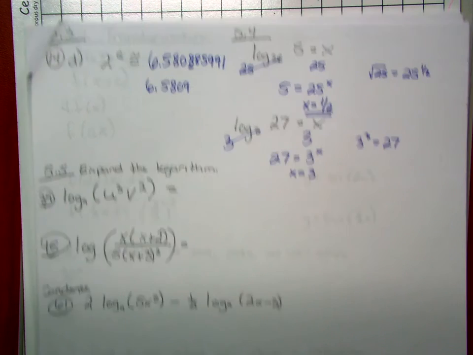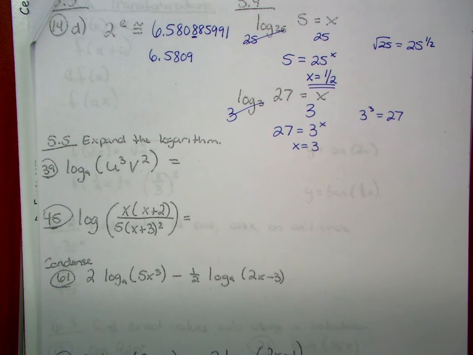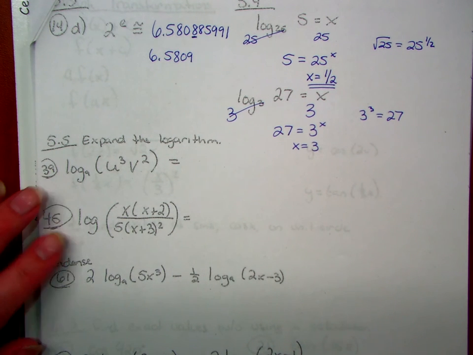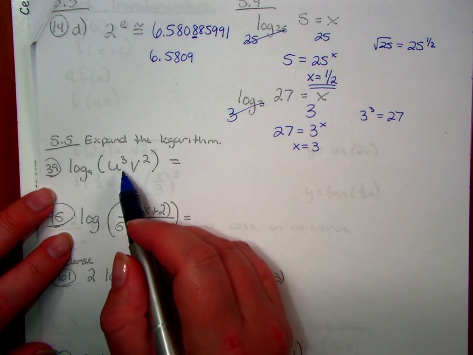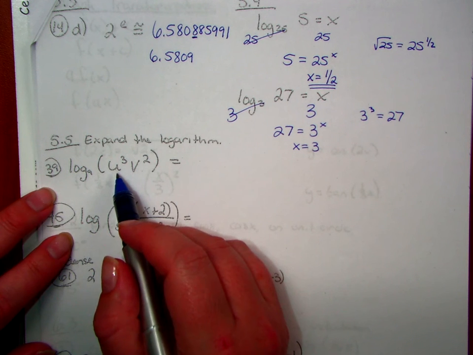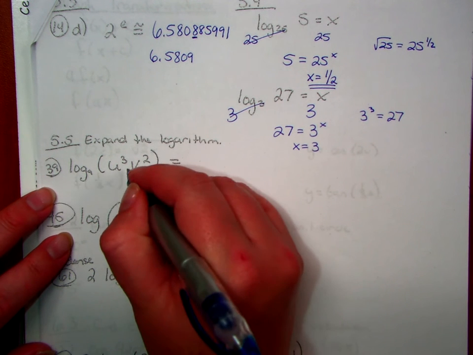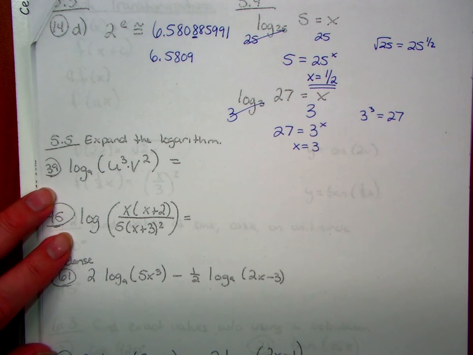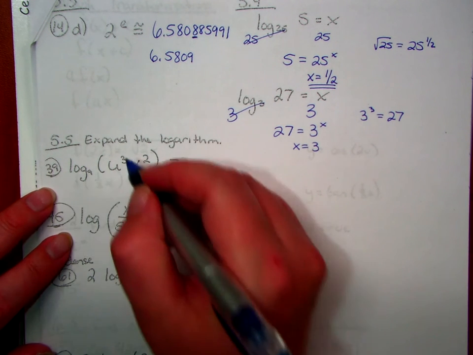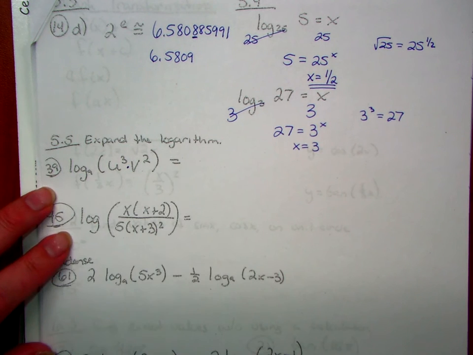The next two are expanding the logarithm, so we're going to use those laws of logarithms. If we have a product, a quotient, or a power in here, we're going to expand those out. First things first, we have u cubed times v squared, so we have a product inside our argument.